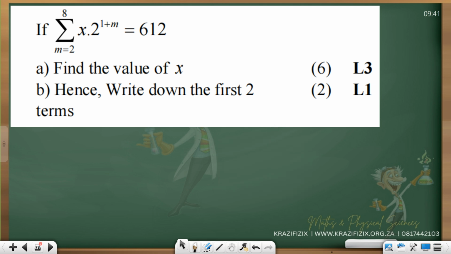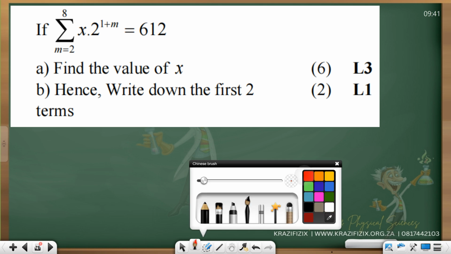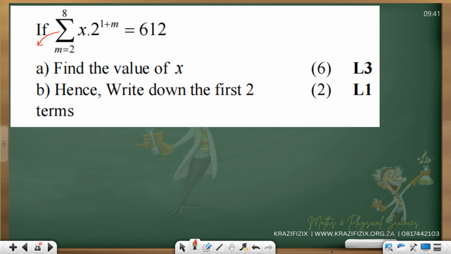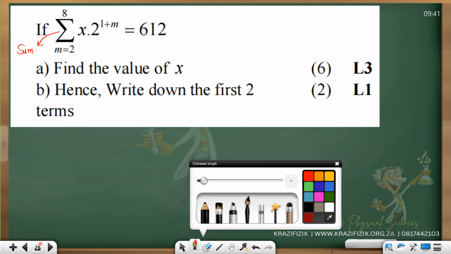All right. Look at this. Every other person, look at it. I told you first thing is to understand that this means what? Sum. So I know I'm adding. So that's my first call of interpretation. I'm adding. If I am therefore adding, what am I adding? How many terms?